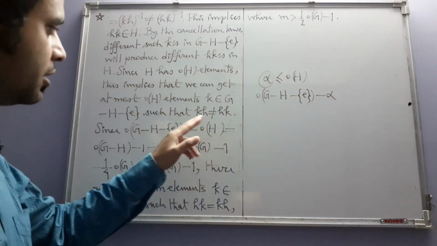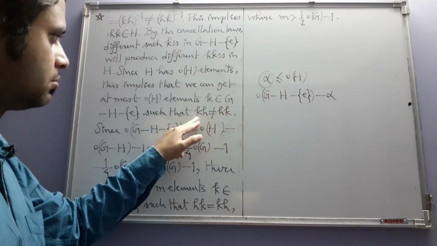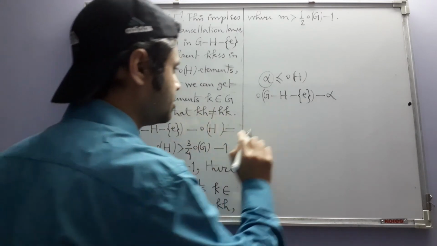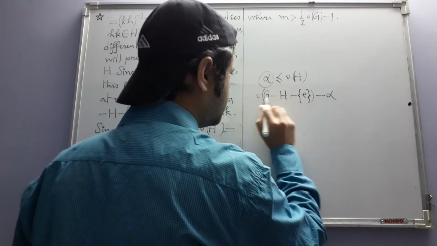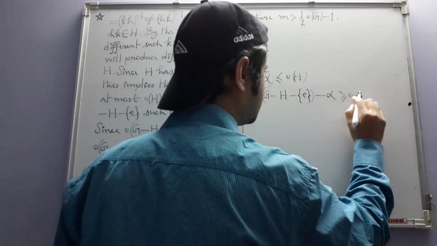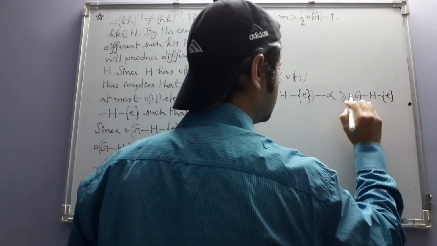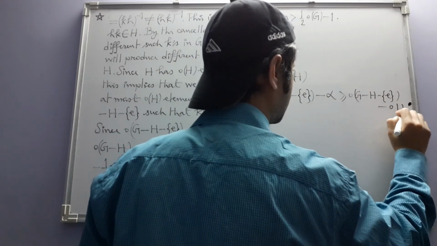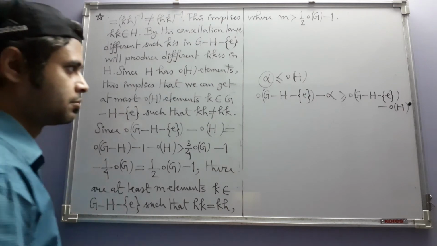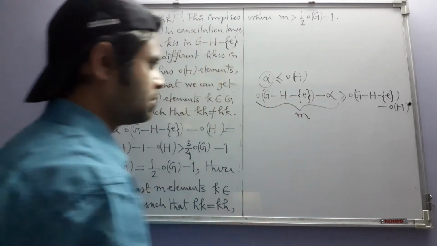For these many elements in this set, they commute with H, and this is greater than or equal to this minus order of H. This is m.